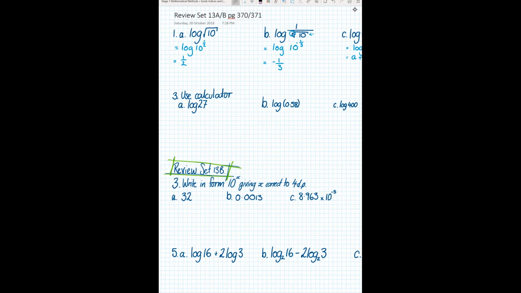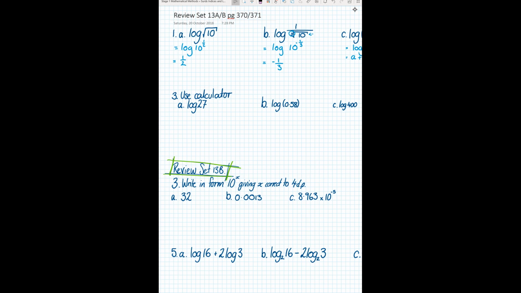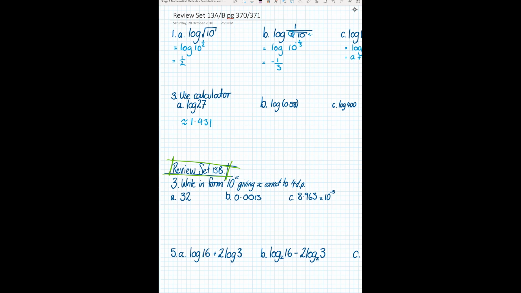Okay, for the second part, we use our calculator. Basically, you just need to plug these numbers into your calculator. If you're not sure how to use your calculator to find the logs, make sure you see me immediately. For most of these, we won't get a nice, easy number, so we need to round off a bit. So the log of 27 is around about 1.431.